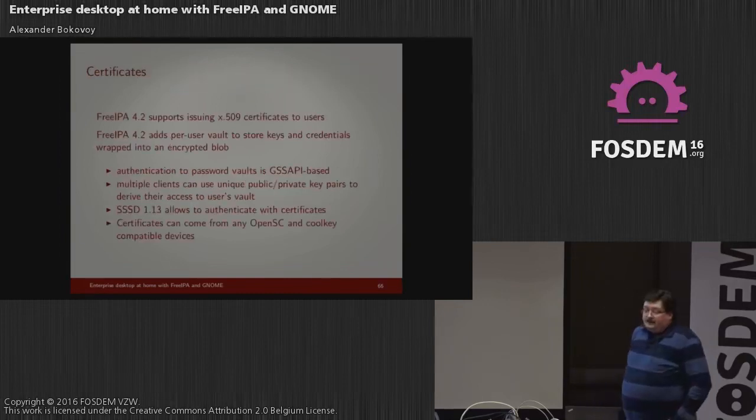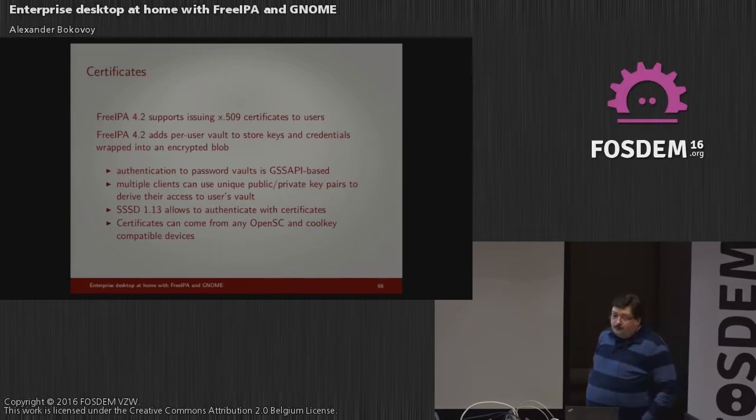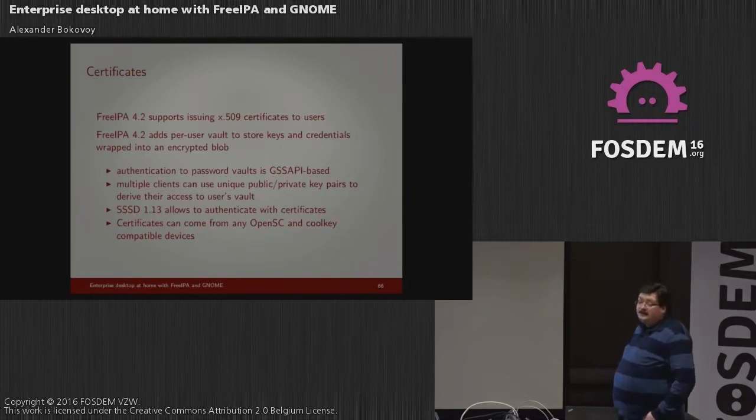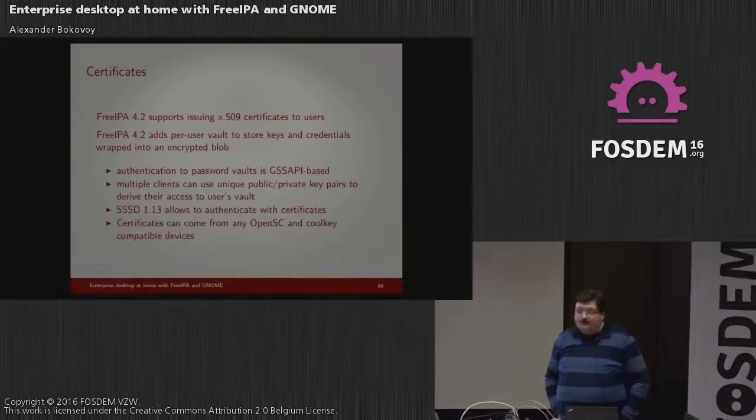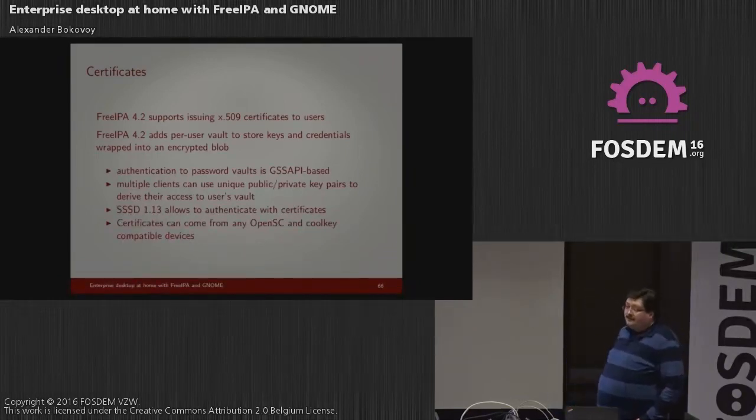Now the other part is that with FreeIPA 4.2 we have full-featured support for certificates. We have had certificate support for hosts and services like web servers since early on, maybe 5 years ago. But now we have support for user certificates and for different profiles. So you can create a certificate according to your own profile.